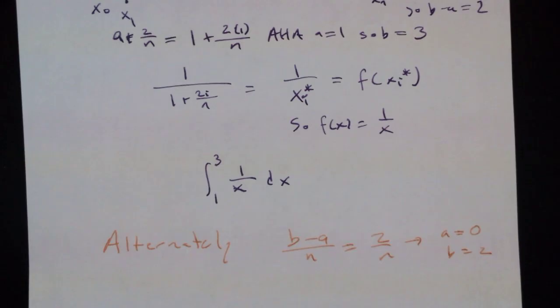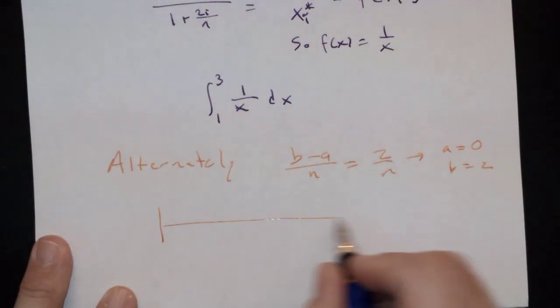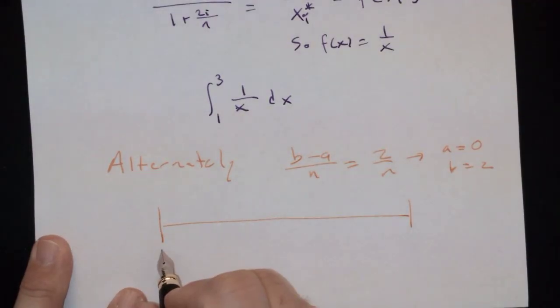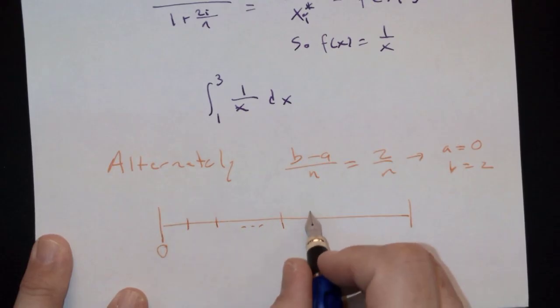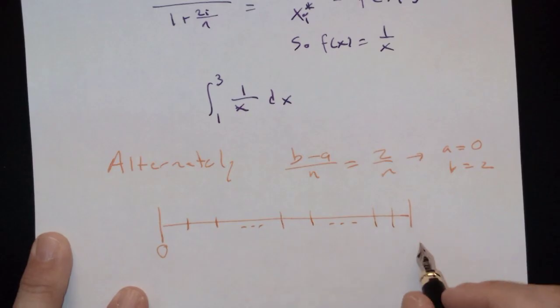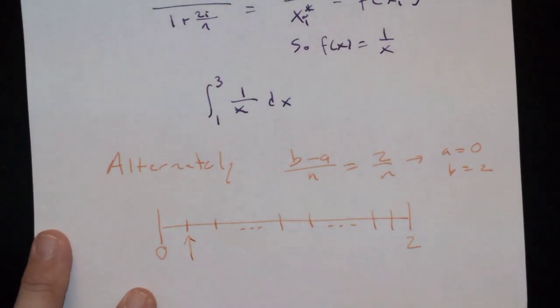Right? I can make that decision right there. Then I go back and I start saying to myself, I've got this number line, right? What's the x value right here?